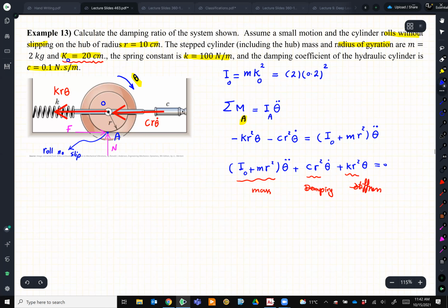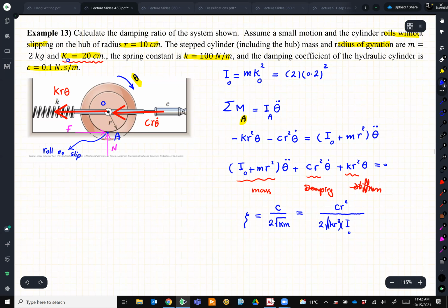So the question asks for the damping ratio. Damping ratio simply is C over 2 square root of K m. So it will be C R squared over 2 square root of K, which is K R squared, multiplied by M, which now has a different form.